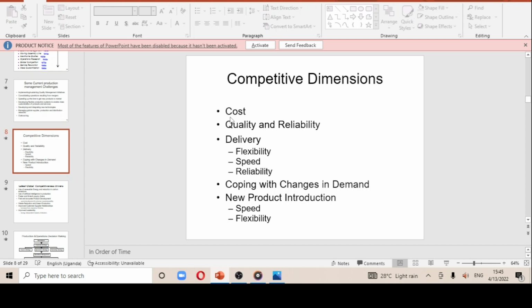Then we're having quality and reliability. Here, it's to do with products of quality, and can they be relied on. If I distribute a phone to somebody, is it of quality? Is it reliable? Can this person rely on it in case of anything, taking pics, whatever? But is it reliable according to the customer? Can they rely on this?